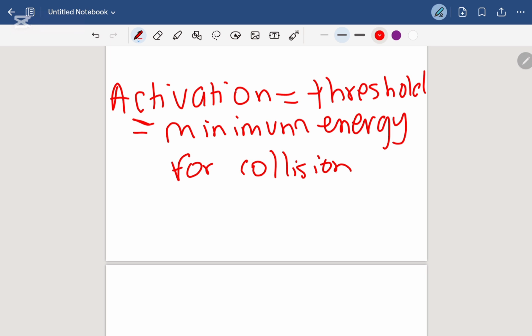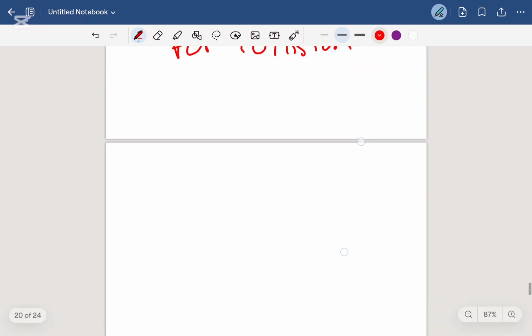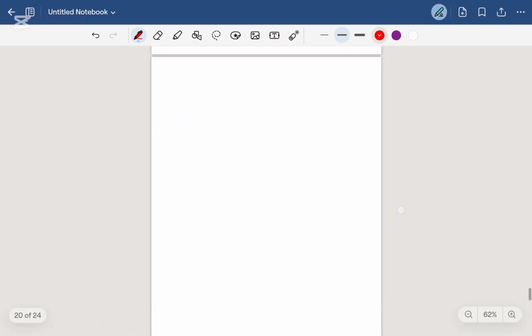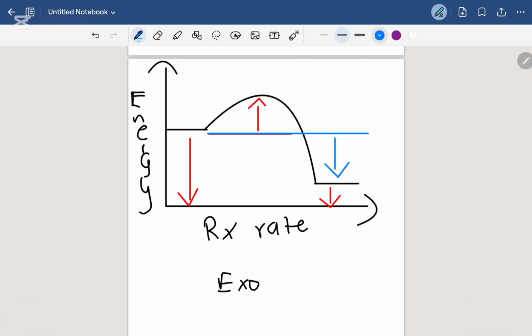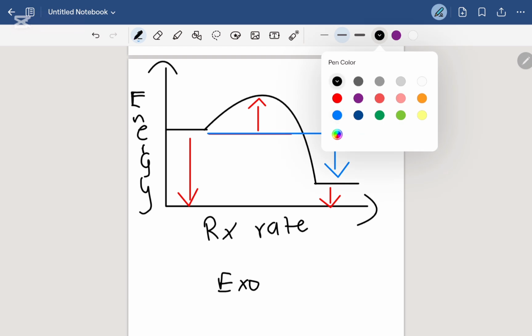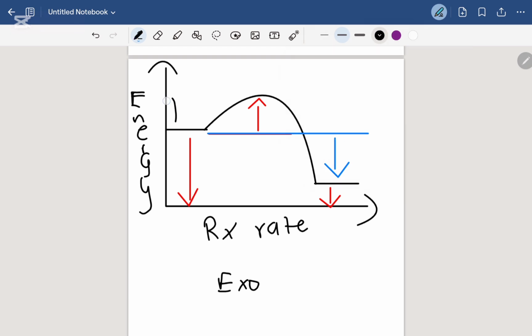Now, we will be drawing some graphs, and from this graph, we will be explaining. All right, I'll pause the video, then I will continue it. Okay, so we have our first graph, which is the exothermic graph. In the exothermic, we know that the heat of reactants is higher than the heat of products. Okay?